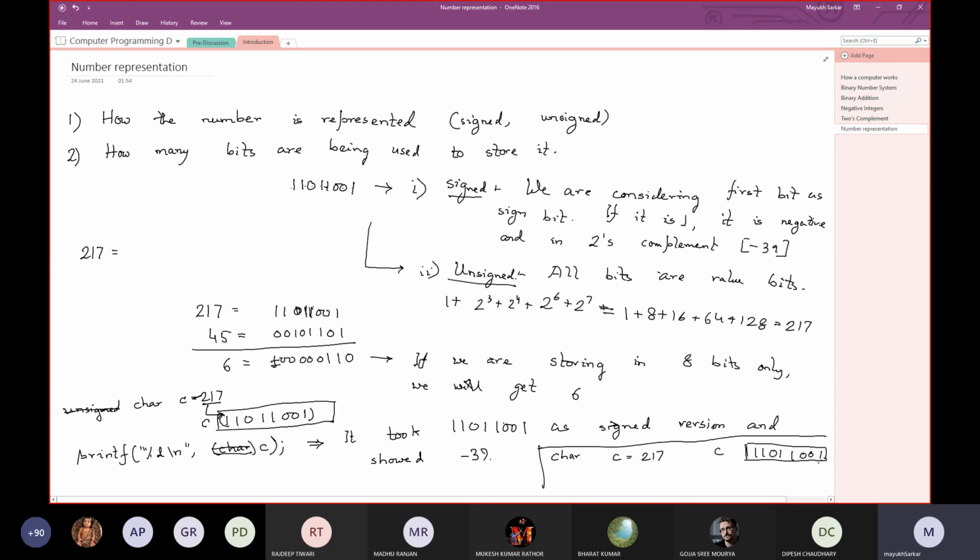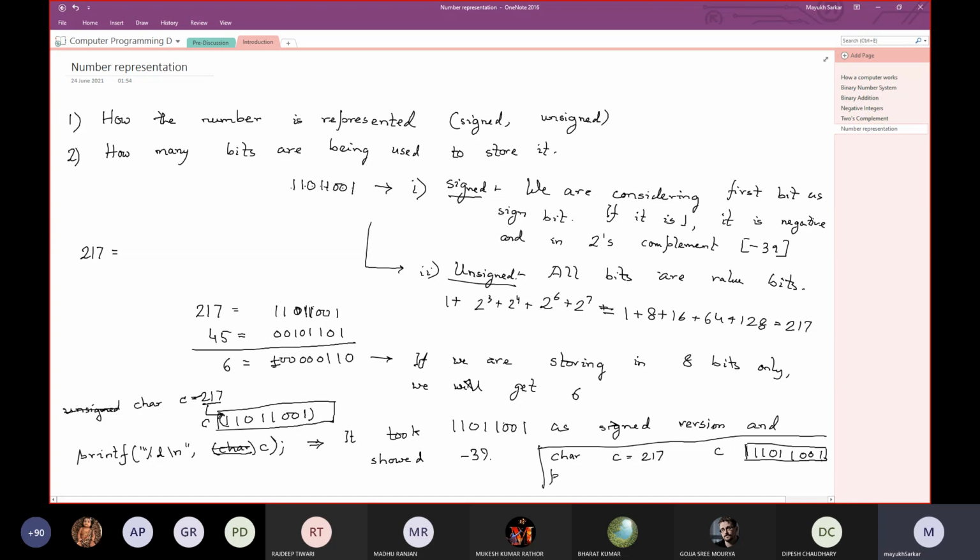As I've said, the computer does not see whether you are representing unsigned, signed, or anything. It just sees the bit pattern and the amount of storage, nothing more than that. So in the 8 bits this has been stored.